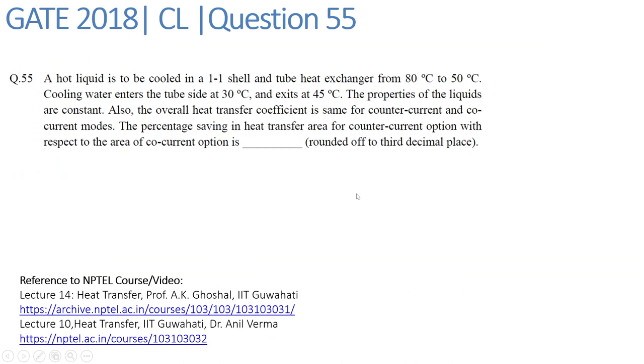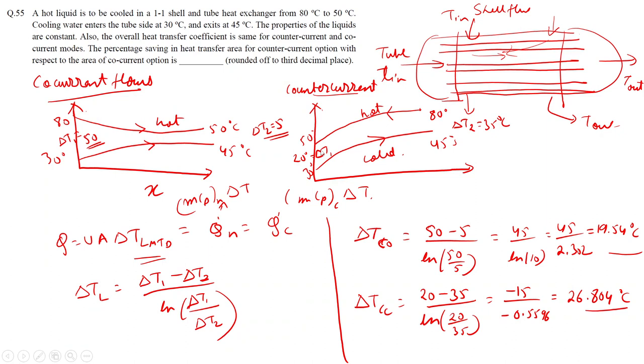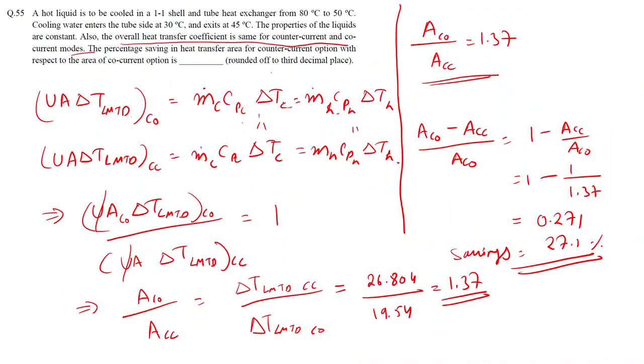Okay, so do you have any doubts in any of the questions that we discussed today? This was the last question, in which we compared the counter current and co-current flow kind of heat exchanger. If you have any doubts, you can ask, or else we can end today's call.